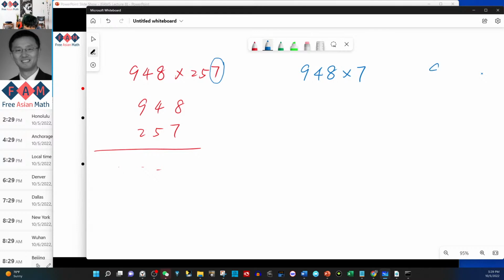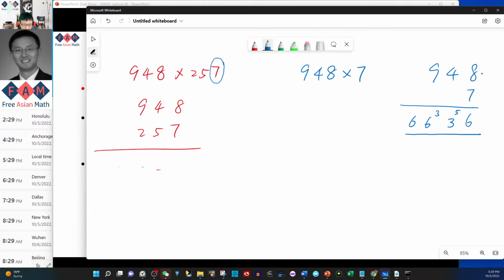We already did this in the overall procedure, but let's do it again anyway. So 7 times 8, that's 56. A carrying of 5. 4 times 7, 28, plus 5, 33. A carrying of 3. 7 times 9, 63, plus 3, 66. That's it. This is still the vertical multiplication, but a special case where the second number is just one digit.